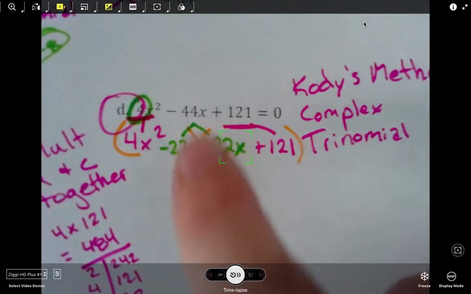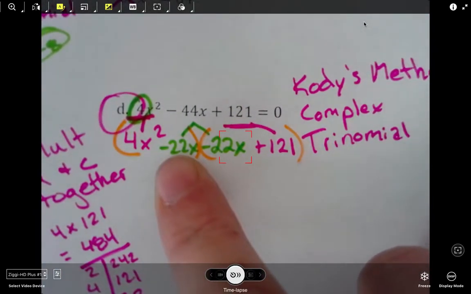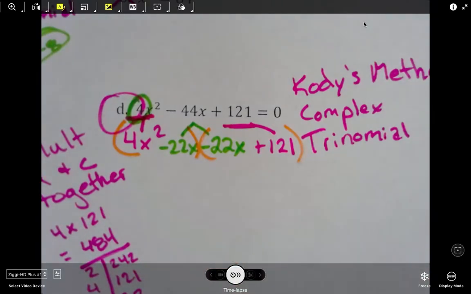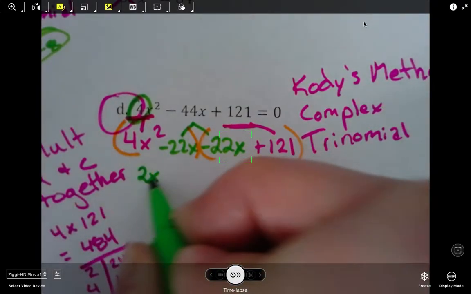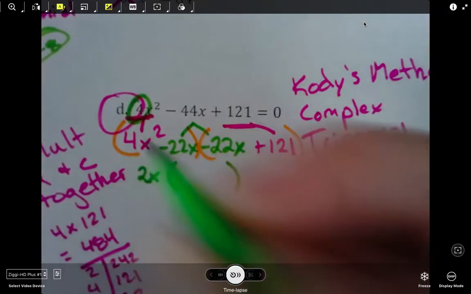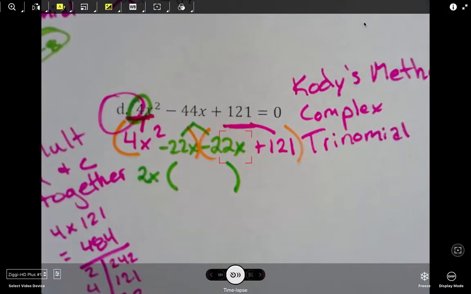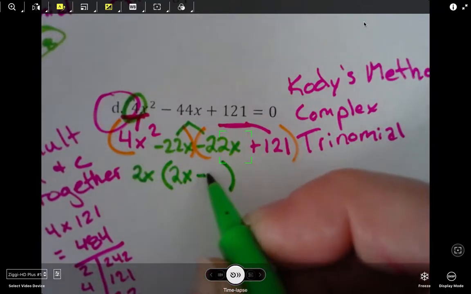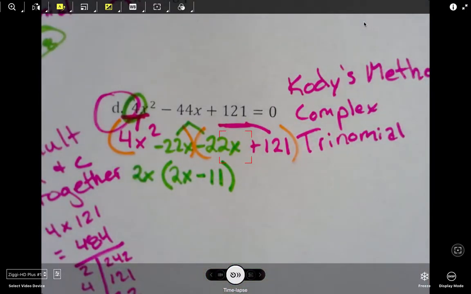Okay, group it and then break it down. So this first part, not yet. We're not done yet. Okay, 4x squared minus 22x. What goes into both of those that you can pull out? 2x. Okay, so I'm going to pull a 2x out. If I take a 2x away from 4x squared, what's left over? 2x. And if I take a 2x away from negative 22x, minus 11, right? You see that?